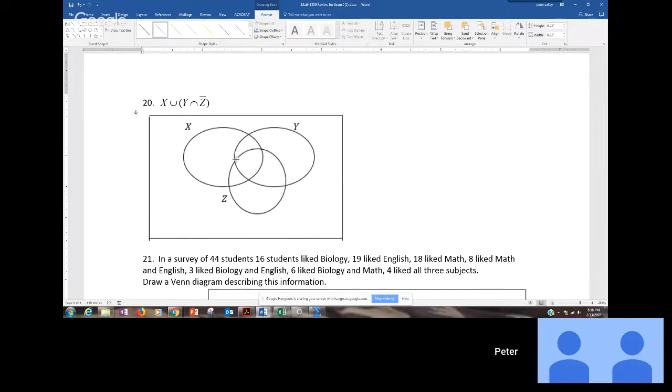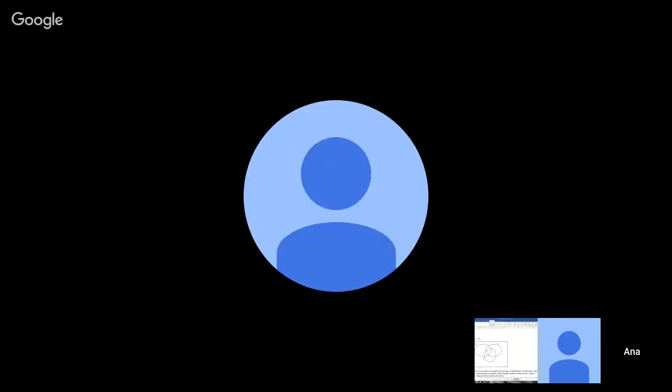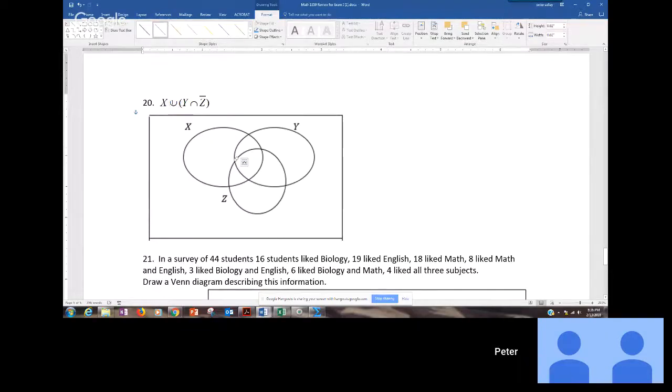I don't know if y'all can see my mouse moving here, but that shape right there looks like a moon. Then they want to union that with set X. So now we bring all of X back in, but then we add this little crescent piece on top of it.